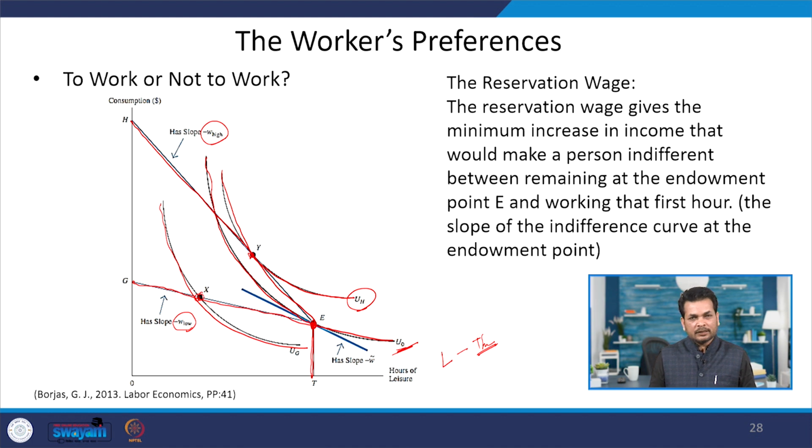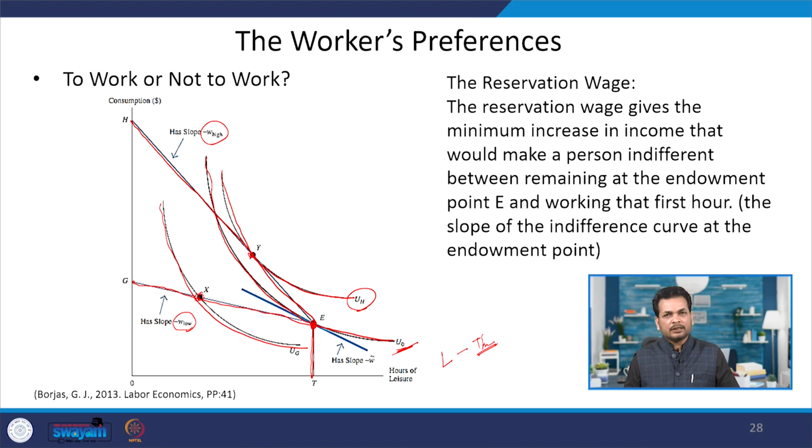This difference is called the reservation wage, the wage at which the minimum increase in income would make the person indifferent between remaining at the endowment point E and working the first hour. So, the reservation wage is the wage which attracts the worker to enter the labor market, or to decide whether to work or not to work.